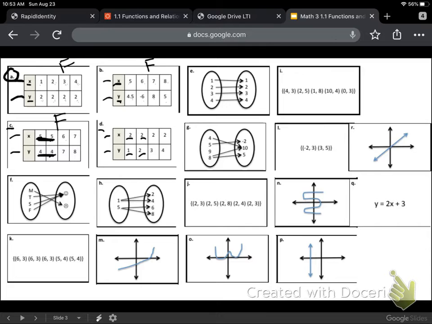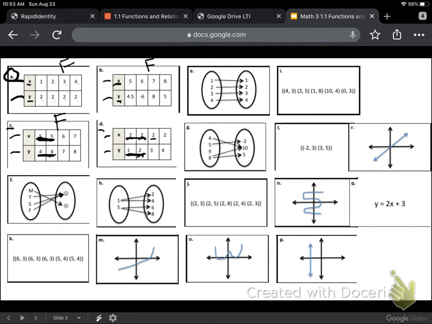So I have one X, a 2, going to 2 different Y's. Immediately, I know it's not a function because in a function, each X goes to only one Y. Here I have one X, 2, going to 2 different Y's, 1 and 2.